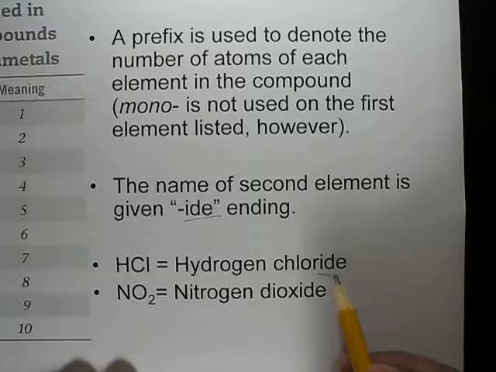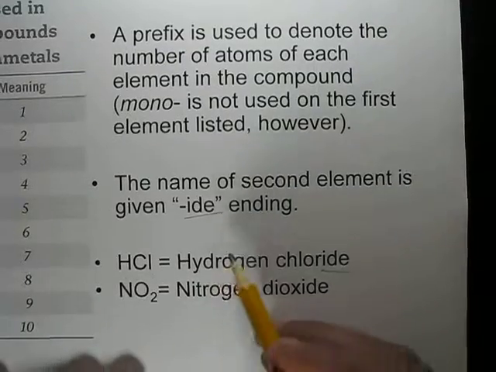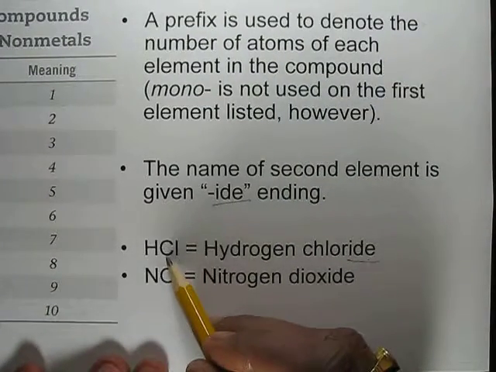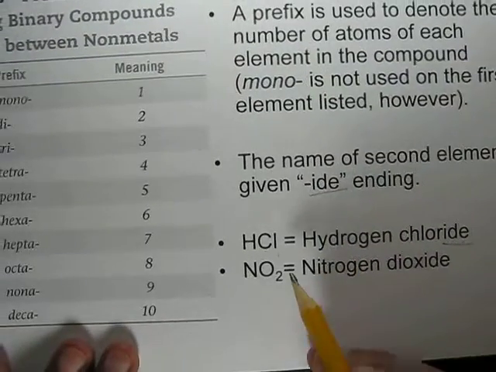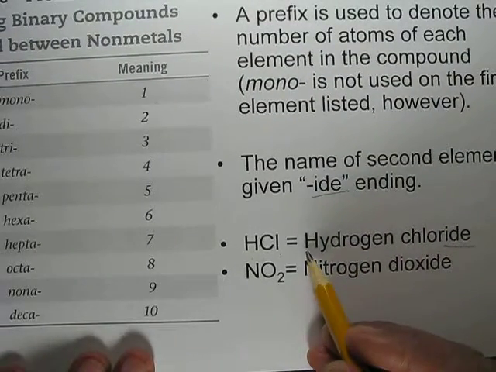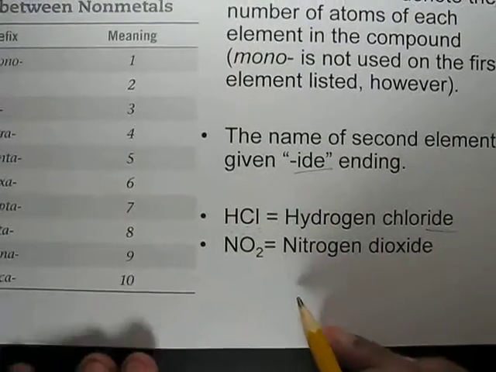You can see chlor rather than chlorine, so we change the name chlorine to chloride. There is one hydrogen and one chlorine, so we are not using mono; otherwise it would be monohydrogen monochloride.